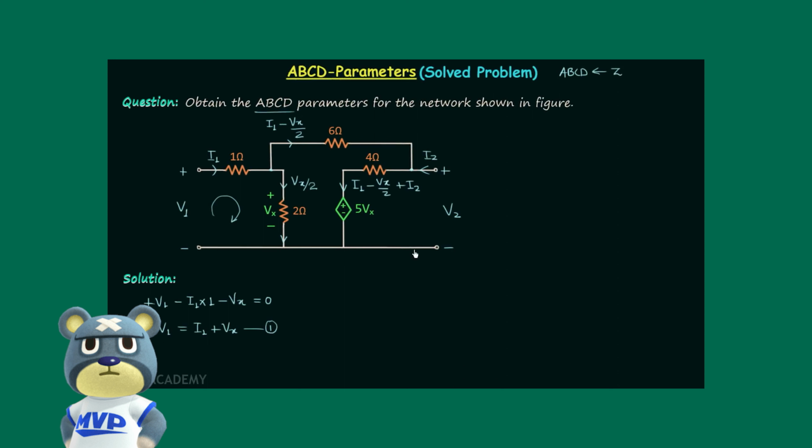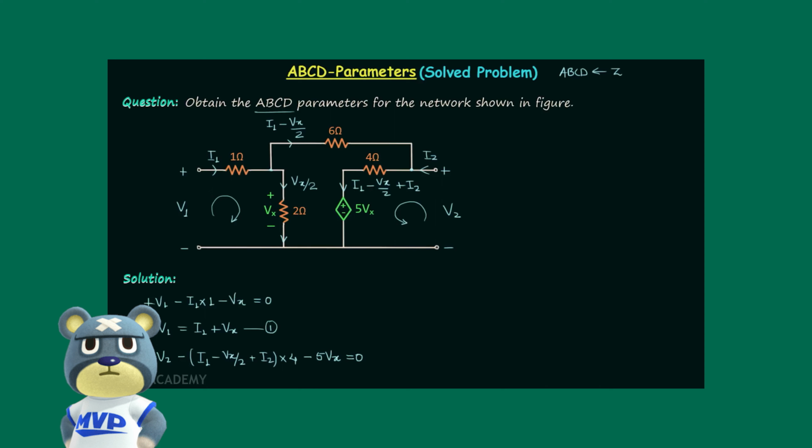And now let us find out the output KVL equation. The output KVL equation will be plus V2, then minus (I1 minus Vx by 2 plus I2) multiplied by 4, minus 5Vx, equal to 0.